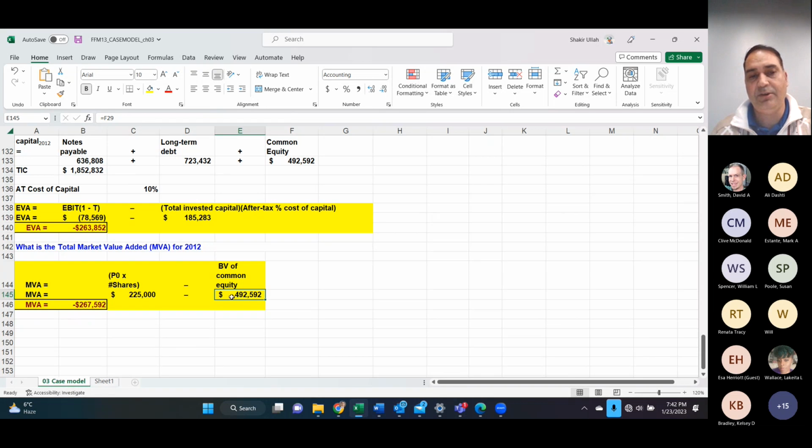The owners have invested about 492,000 in the business, but the market is willing to buy this business at only 225,000. So it is less than the book value of equity, and that means this business has eroded a lot of market value. All right, so that's it for the assignment.